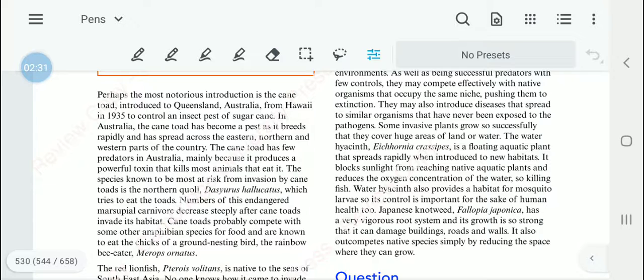Whoever eats these toads will die. The northern quoll, a carnivorous dog-like animal, dies off because they tend to eat these animals.